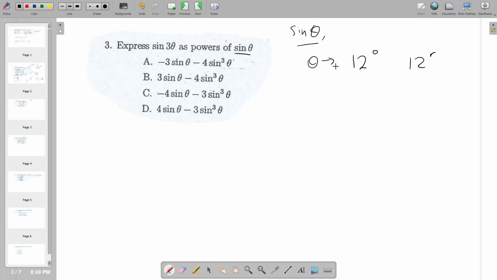So then we are going to find sine theta with the theta we have here as 12, which is sine 12. I don't care if it's in degrees or radians. And then I'm also going to find sine 3 theta, which is sine 36.